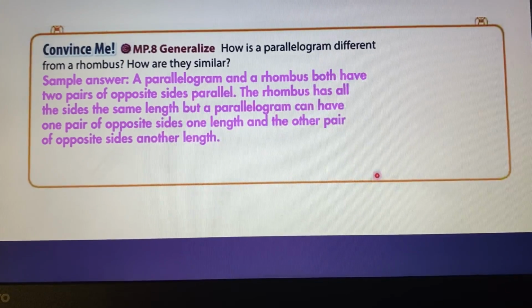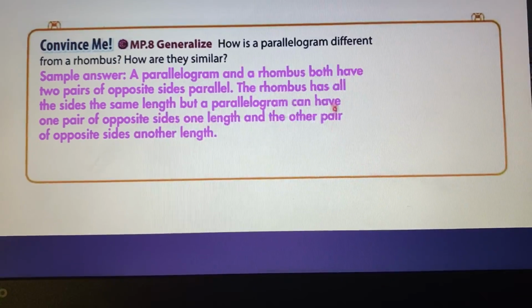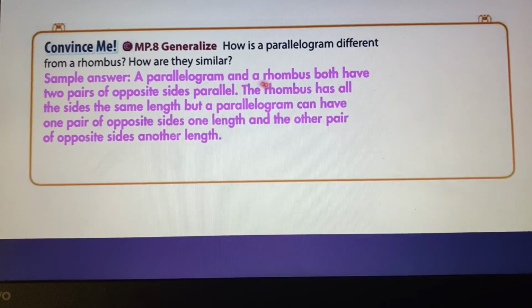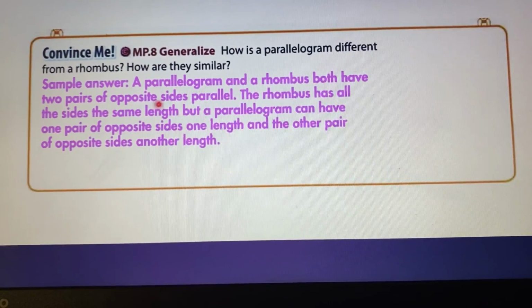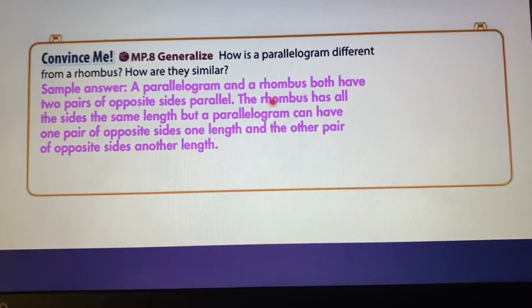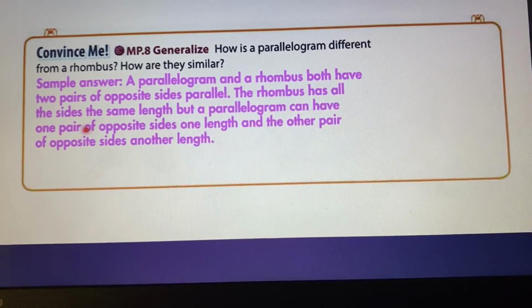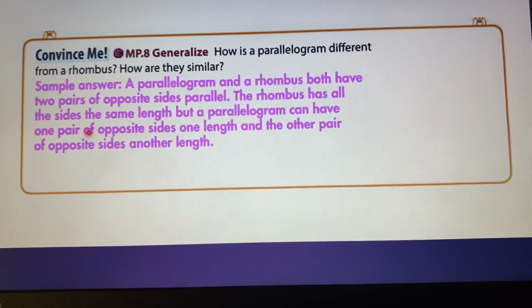They also have the same angles. Now, a parallelogram and a rhombus both have 2 pairs of opposite sides parallel. The rhombus has all the sides the same length, right?